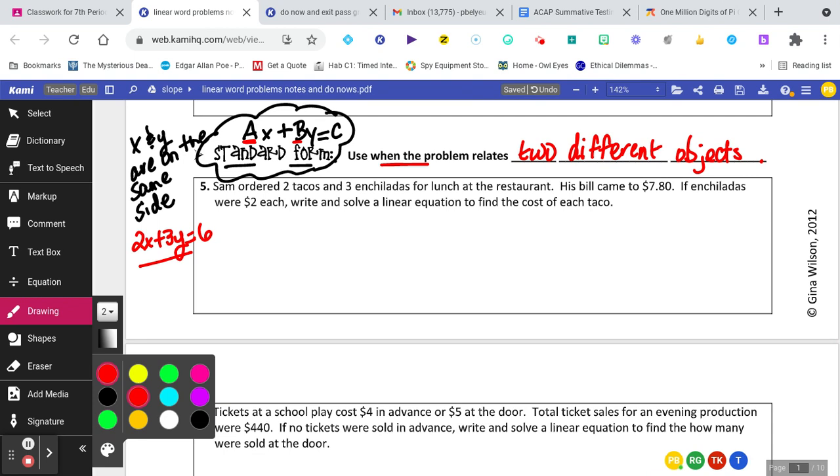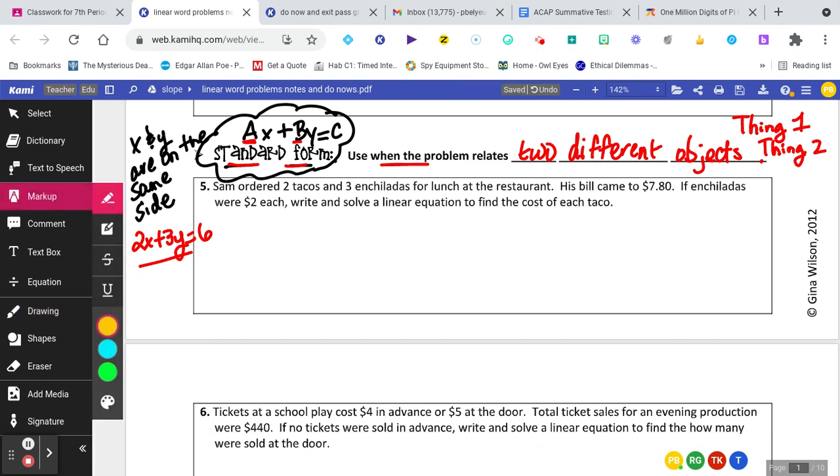Today you're going to have two different objects. I call it thing one and thing two. So if you see thing one and thing two, you can use standard form where you are basically putting thing one as an x and thing two as your y, okay? Thing one is your x and thing two is your y, but it doesn't matter which one you let be x or y, but you have to label it, okay?